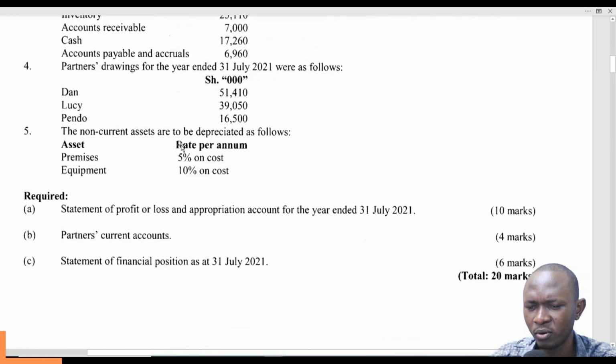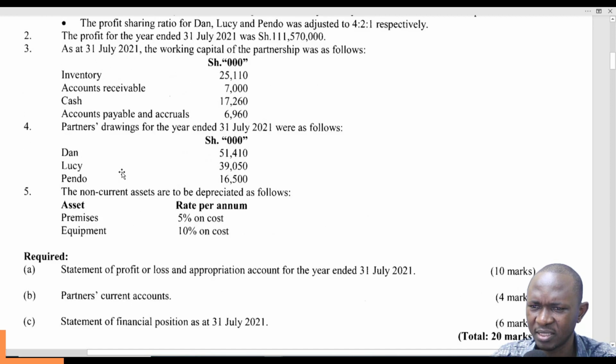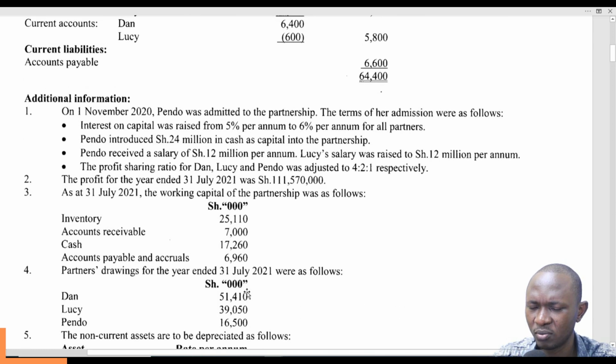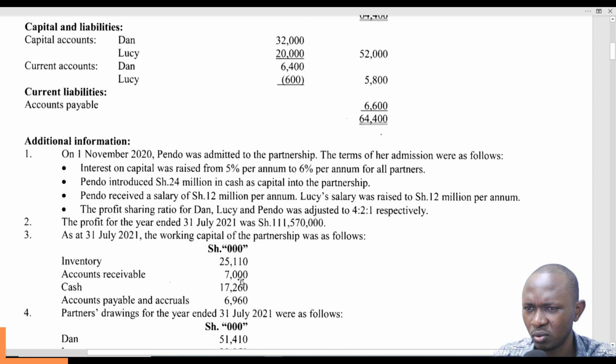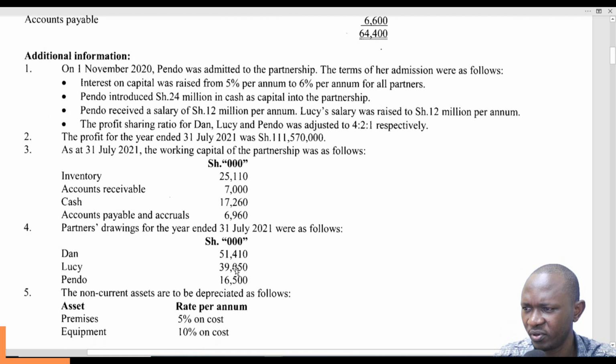So we will go straight to the first item, statement of profit and loss, and then move to partners' current accounts before we embark on the statement of financial position. Statement of profit or loss and appropriation account. The good thing about this question is that we've already been given the profit for the year, item number 2. The profit for the year was 111,570,000.